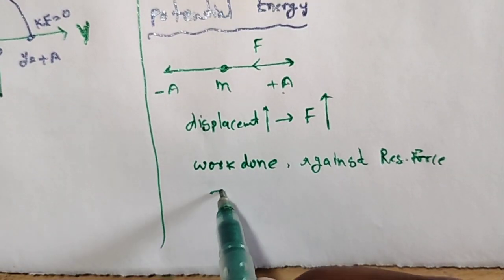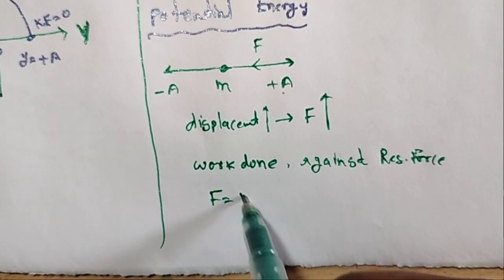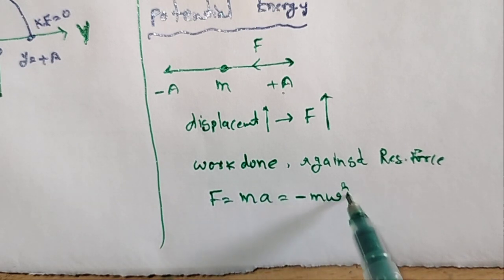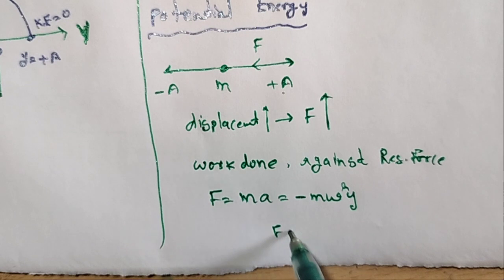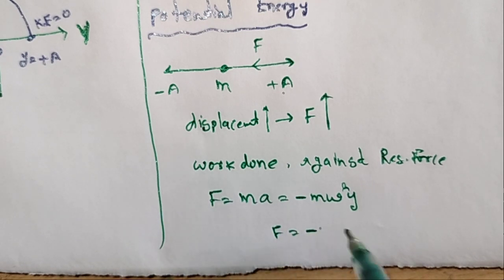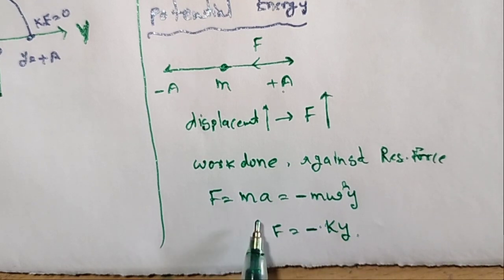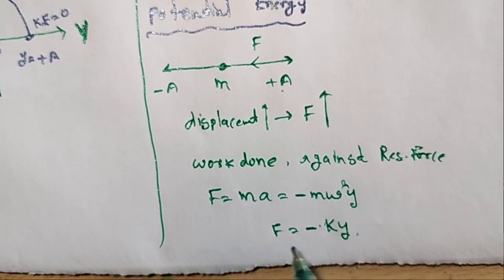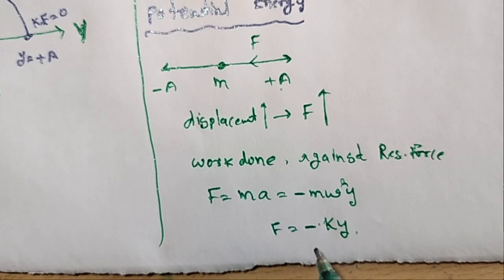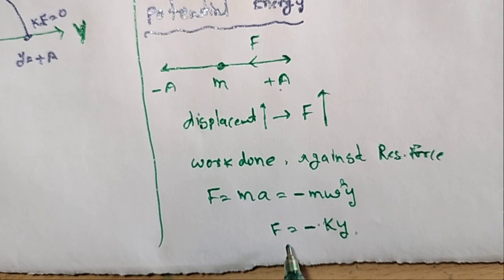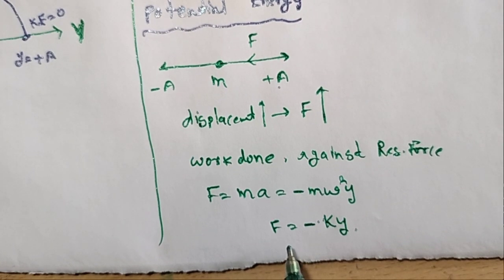What is the equation of the restoring force? F is equal to ma, so minus m omega square y, or F is equal to minus k y. This is the restoring force in simple harmonic motion, and this restoring force is the form of work done.